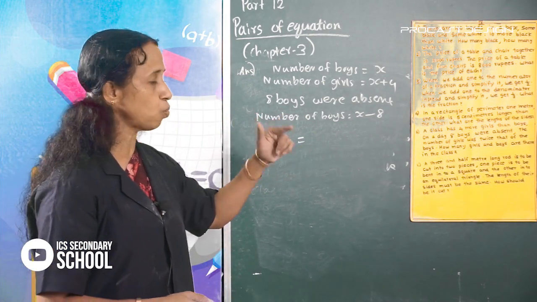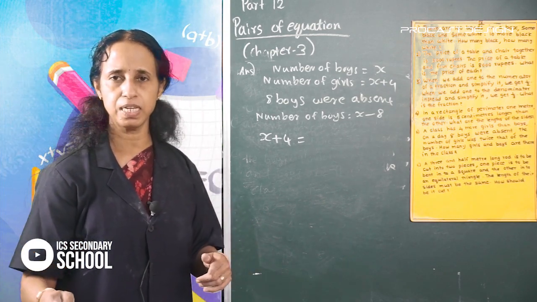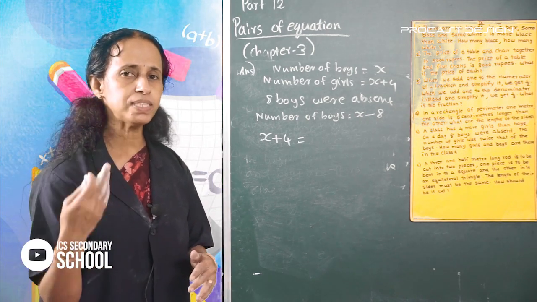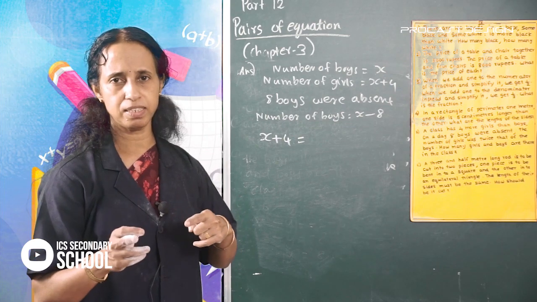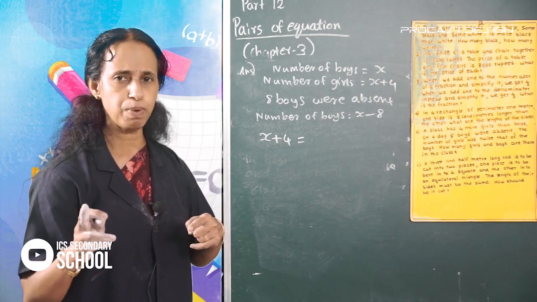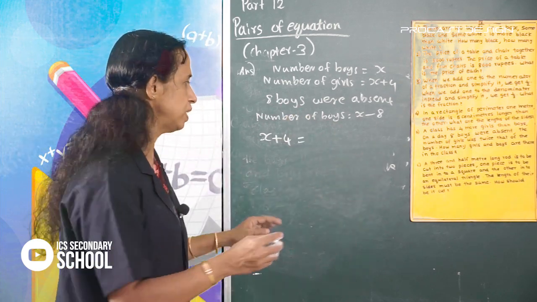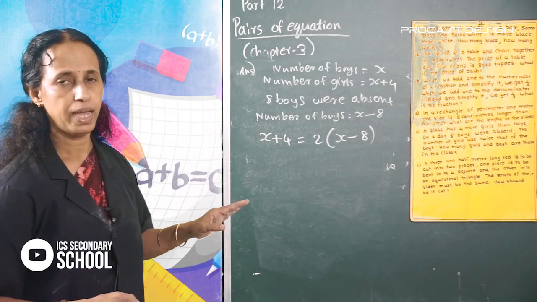That day the number of boys equal to x minus 8, so twice that is 2 into x minus 8.